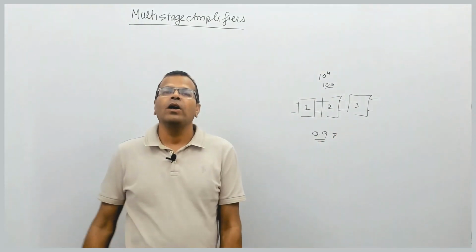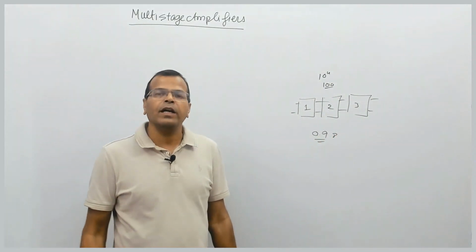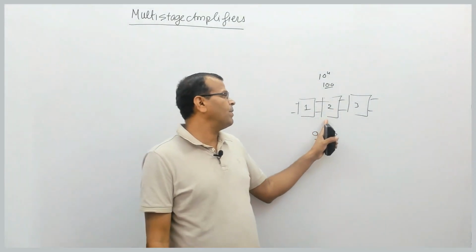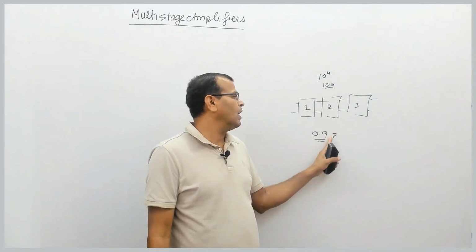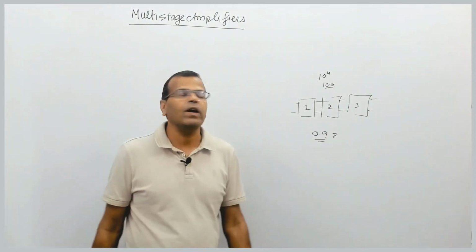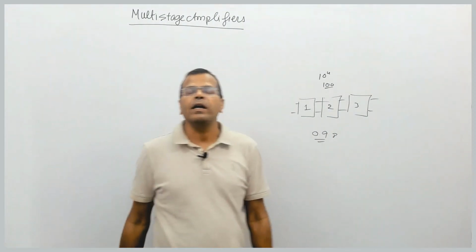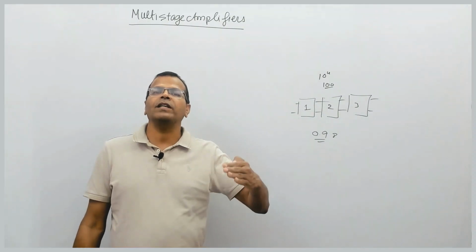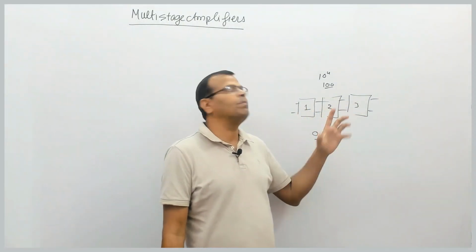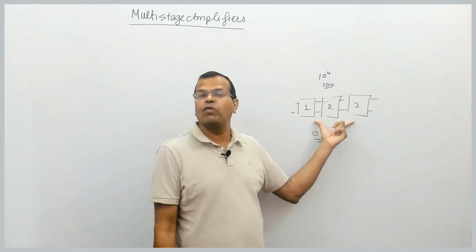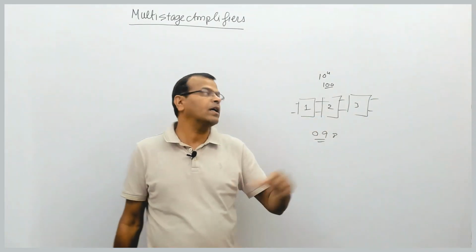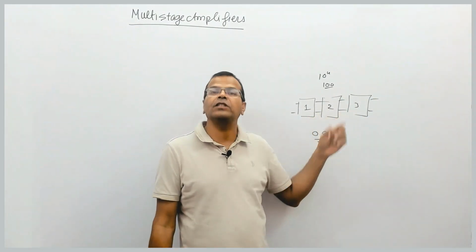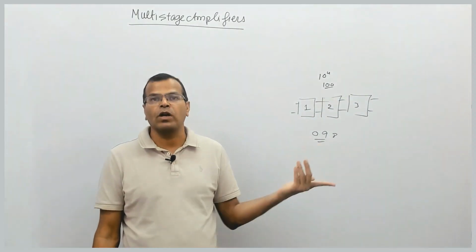Remember, in multi-stage amplifiers, the voltage gain of these stages will be multiplied to get the overall voltage gain. Similarly, the current gain of these 3 stages will be multiplied to get the overall current gain.